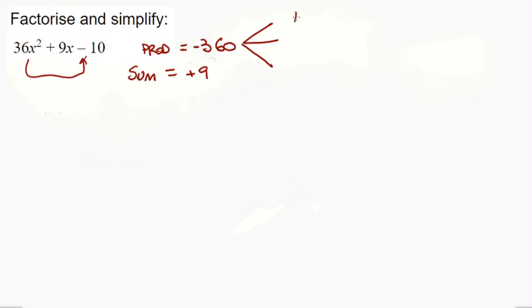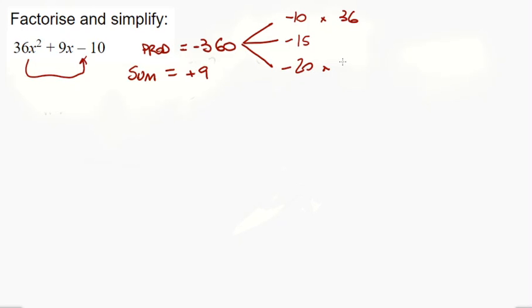So simply 10 times 36. But then we would need the smaller number to be the negative one, so our sum would be positive. If we multiply those, we get negative 360, however the sum would be 26. So let's try a bit larger. Negative 15, we could try negative 20.